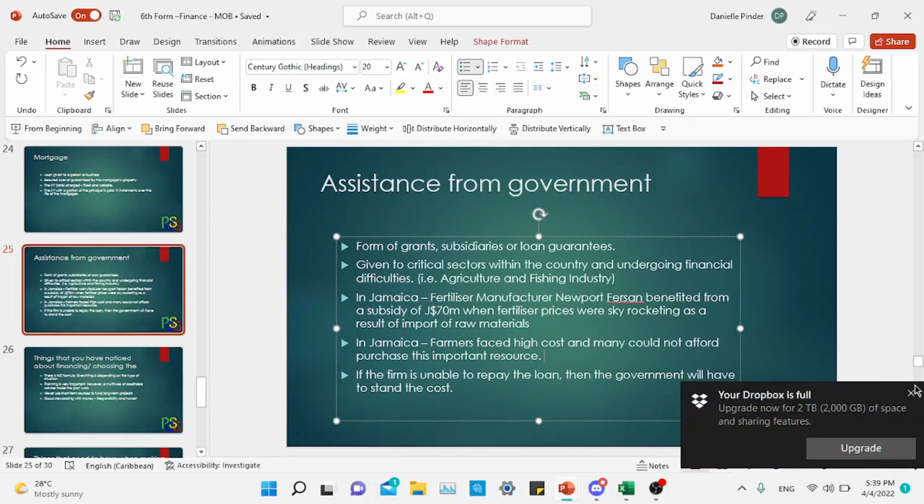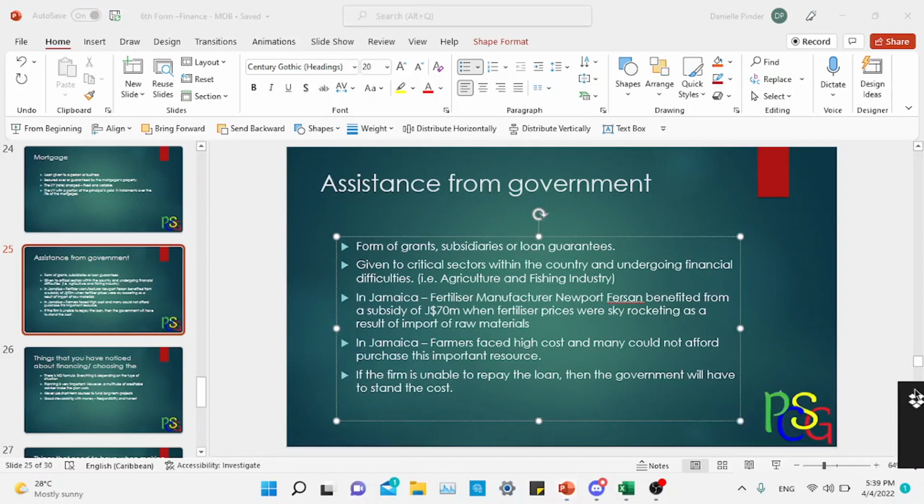Another example can be LIAT in terms of government assistance, but only in that particular area, right?